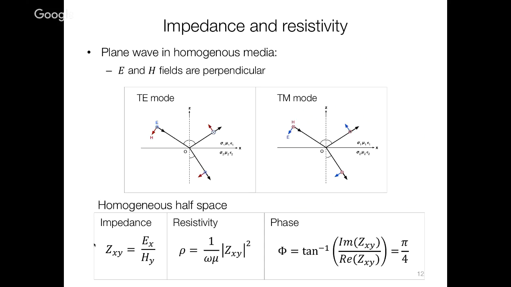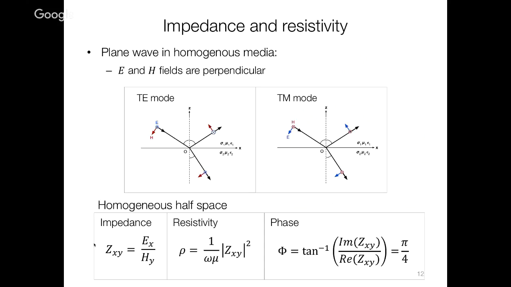We have what's called a TE mode and a TM mode. In a TE mode, the electric field is parallel to the boundary. The E and H are always perpendicular to each other, and so in this case, the E is parallel to the boundary, H will cross it.